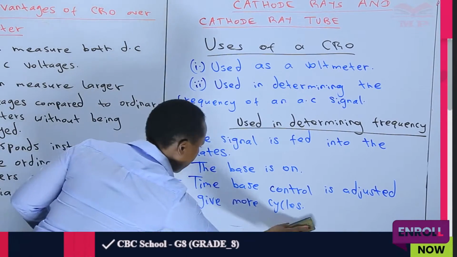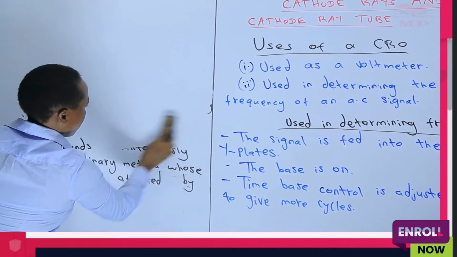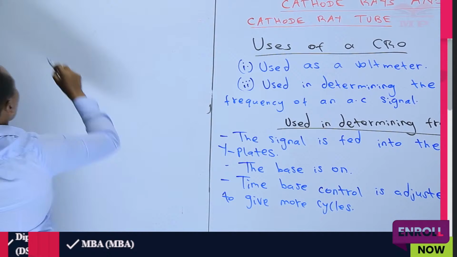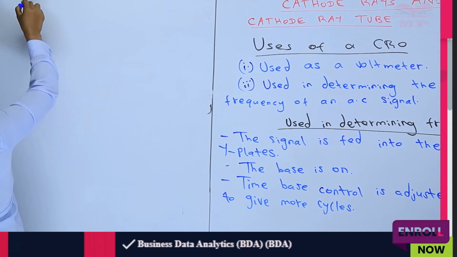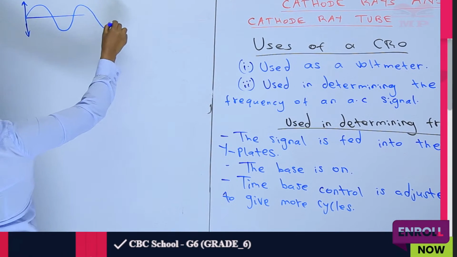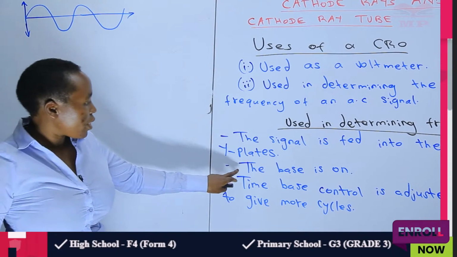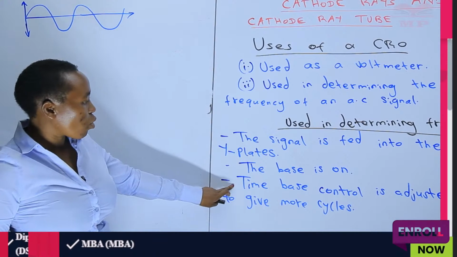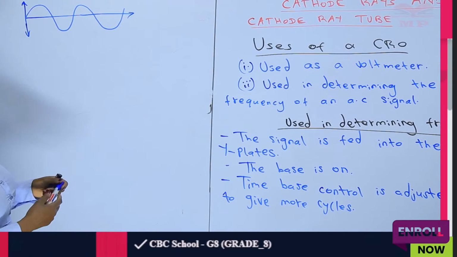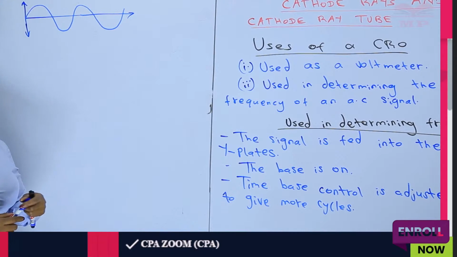We can have it here. That's what we are going to have. So when the time base is on and the time base control is adjusted to give more cycles, then when we want to calculate the frequency, the periodic time is recorded.